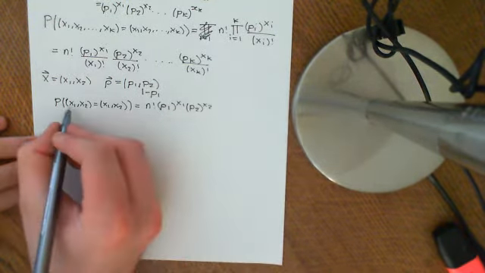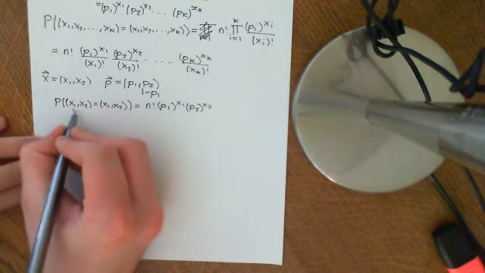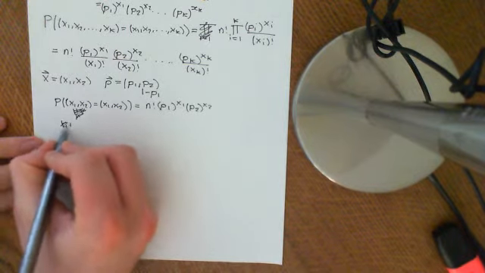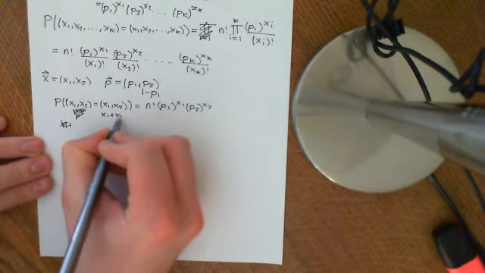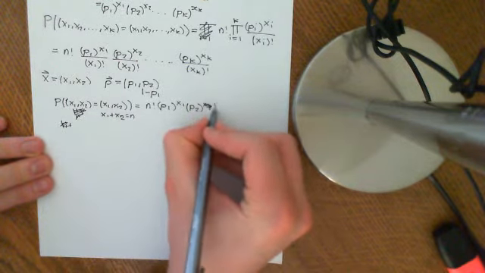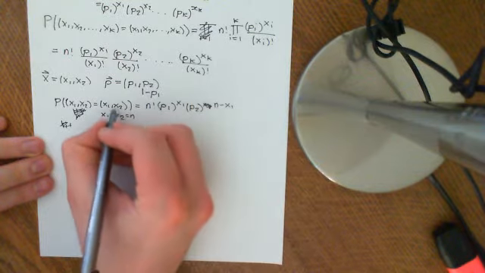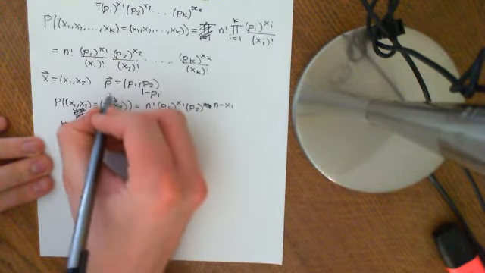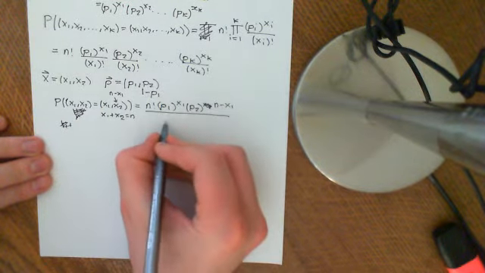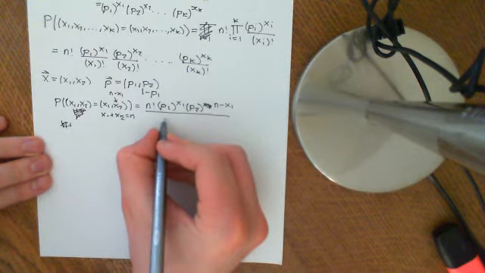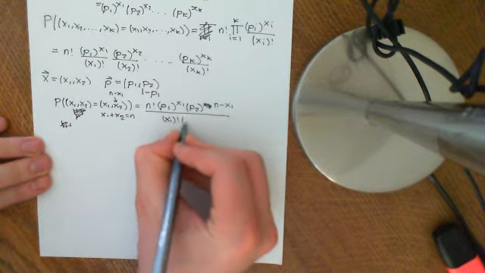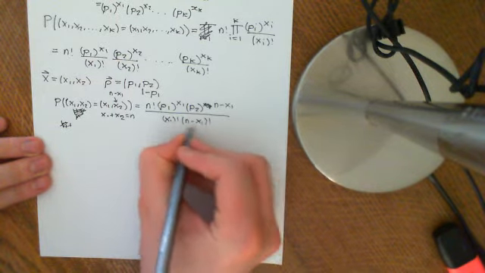But again, because little x1 plus little x2 must equal n, the total number of trials, I could write little x2 as n minus x1, so I could put n minus x1 there, and then we have this divided by x1 factorial times n minus x1 factorial, which is x2 factorial.